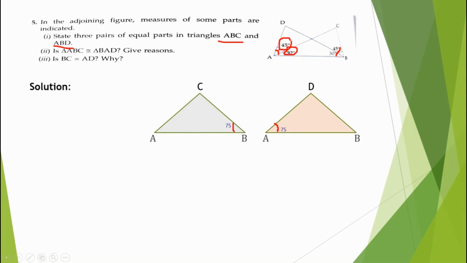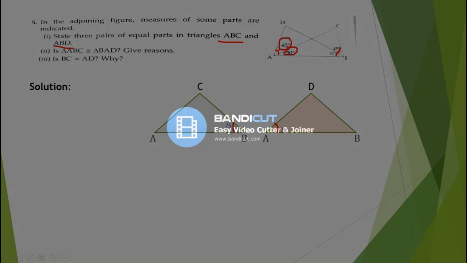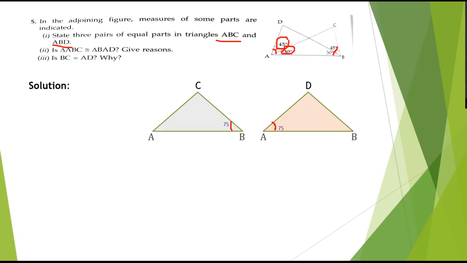Now angle CAB. So angle CAB is this angle. Let us find this angle in the given figure. So it is 30 degrees.